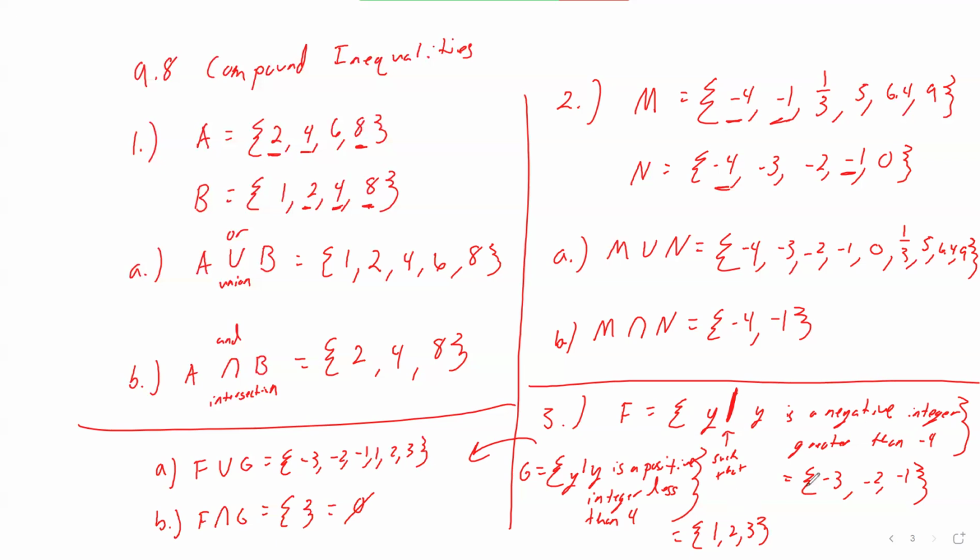All right. So now that's basically how you can find union or intersection when given a set of numbers. Now we're going to talk about how to graph these types of things. So on number 4, we're going to graph Y such that Y is greater than or equal to -1 and Y is less than 3.